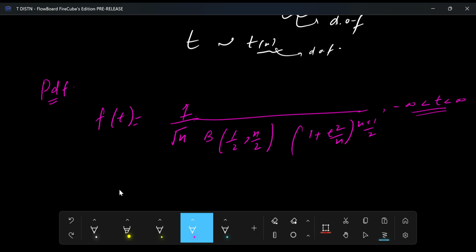In chi-square the range was from 0 to infinity, but in T distribution the range is from minus infinity to infinity.